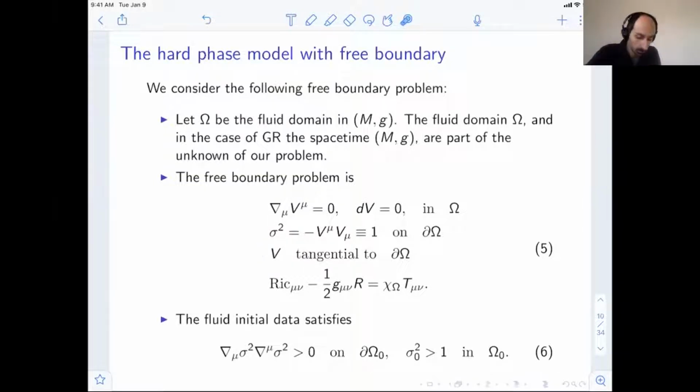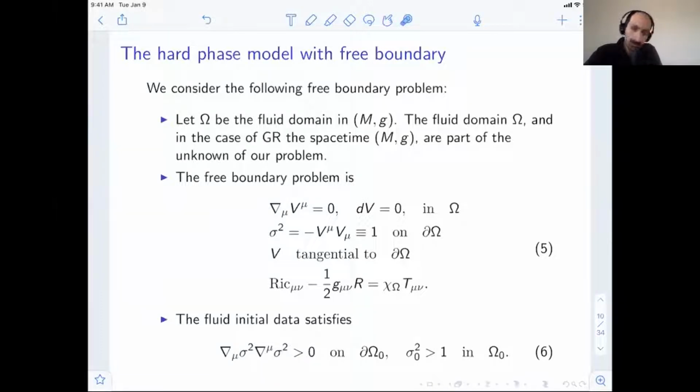Okay, and of course, if we're coupling to Einstein, then there's also the Einstein equations, right? Where inside you have to have some matter, and outside this has to be vacuum. Okay, so that's it. There's one other condition that needs to be satisfied for this to make sense, and if it's satisfied initially, at least locally in time, it will be satisfied also. But I'll come back to this. It's that the gradient of sigma squared, dot gradient sigma squared, has to be positive on the boundary.